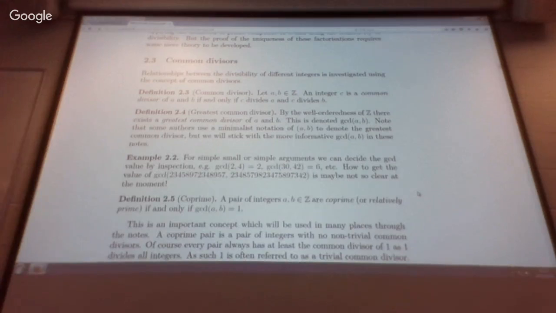Another example, 75 and 45. I'll just focus on the positive ones here. So of course we've got 1, we've got 5, and 3, and 15. 15 is the greatest common divisor.